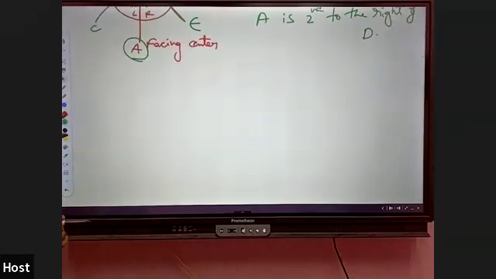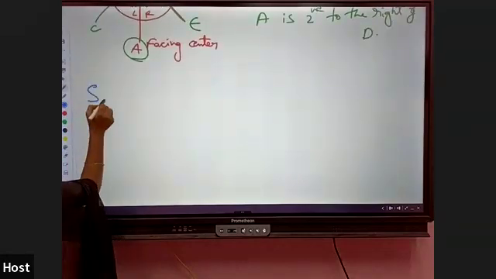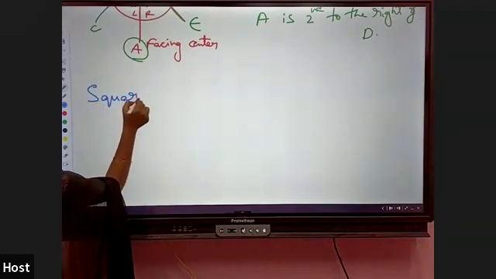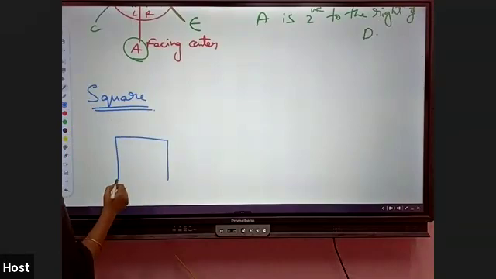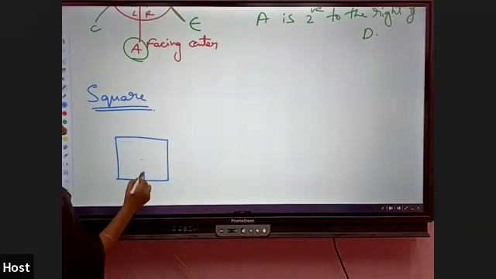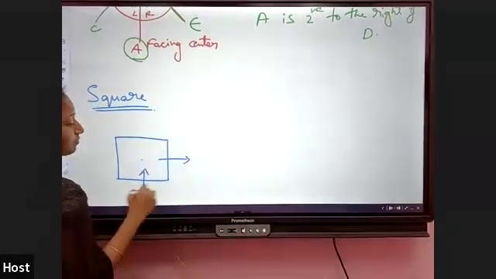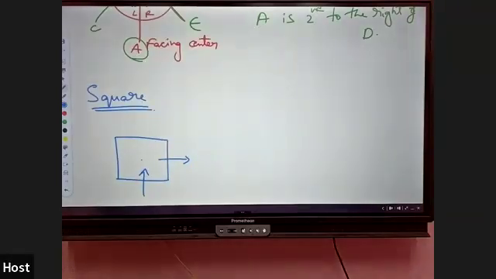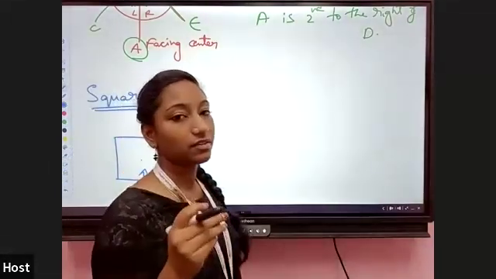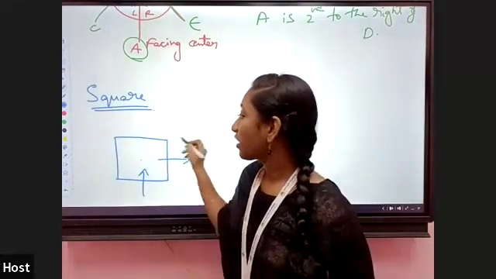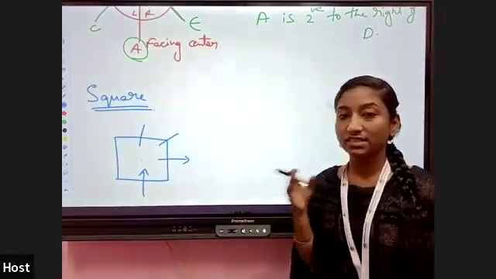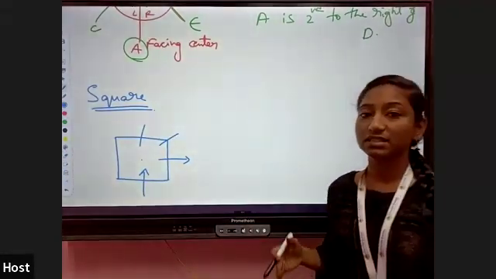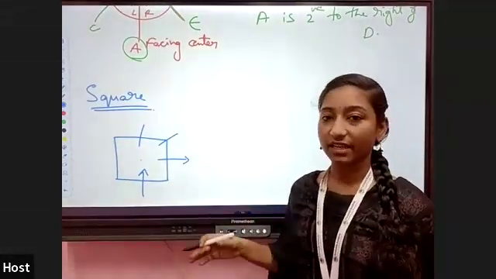Coming to the square. In a square also there is facing center and facing outside. Mainly in the square we will find the terms corner and sides. Four persons are sitting at the corners and four persons are sitting at the sides.